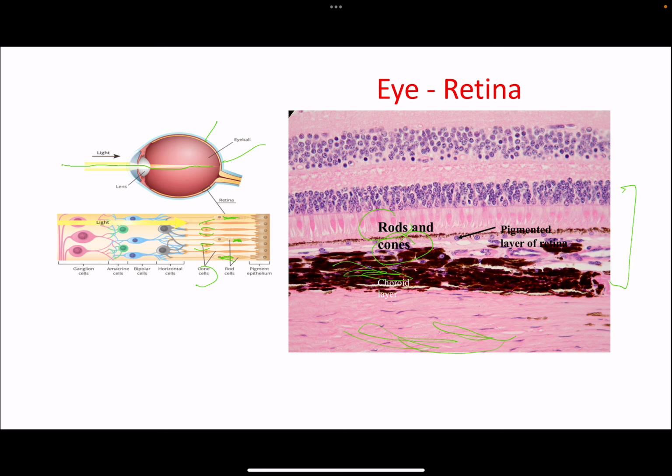Then these are the nuclei of those photoreceptors. You can see the nucleus. You can see over here cones and rod cells. See different types of cells. This is the layer we're talking about.